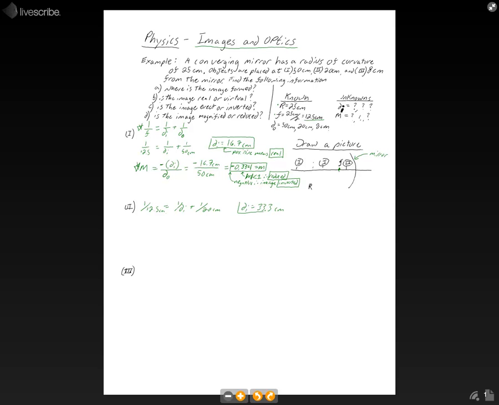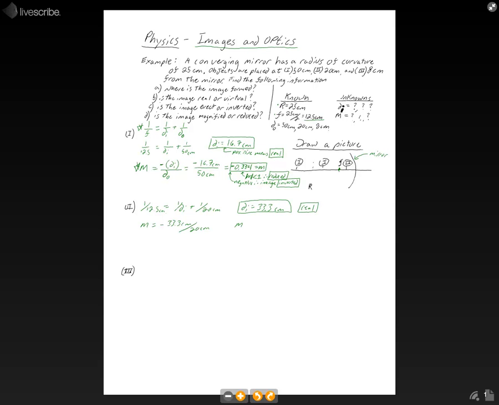Note that it is positive, so positive means that it is a real image. So magnification is equal to minus di, so 33.3 centimeters divided by your d object, which is 20 centimeters.